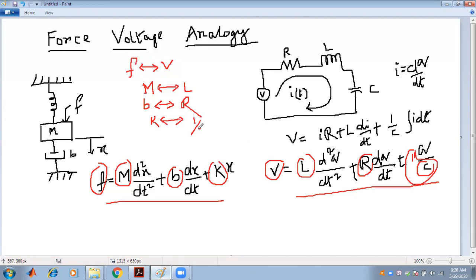And it is easily seen that charge Q can be replaced by X, and X can be replaced by Q. This is the force voltage analogy, meaning how we can easily find the replacement of force, voltage and current. This is called the force voltage analogy.